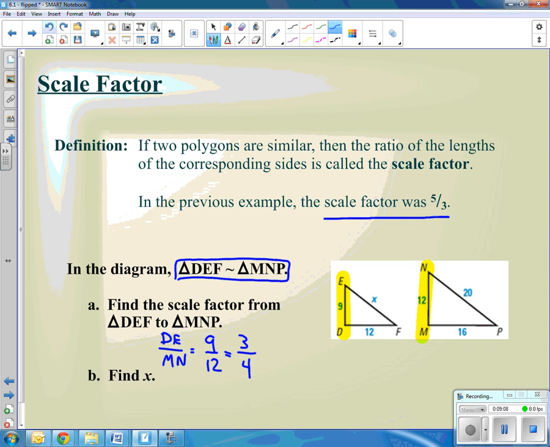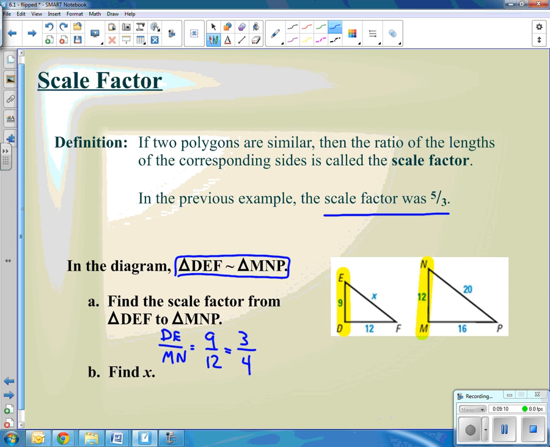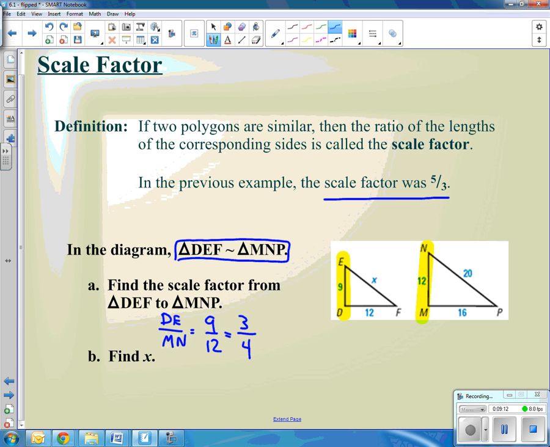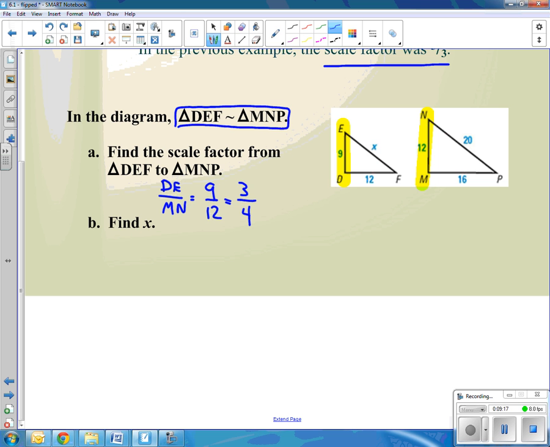Okay, so now I'm going to look for the value of x. All right, I know I have my scale factor, 3 to 4, so I'm going to set up my ratio. So 3/4 equals x over 20, because side EF and NP, the long sides, are going to be in the same ratio, 3 to 4.